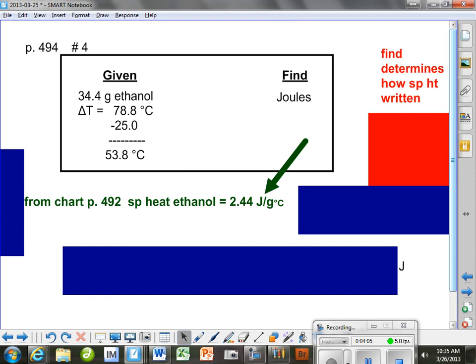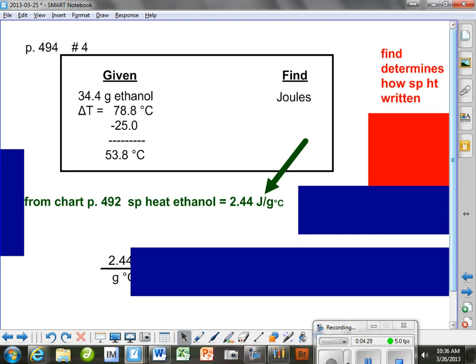So James, would you tell us, how is that fraction going to look when we write it? 2.44 what? Joules over 1 what? Grams degrees Celsius. Very good. And that's our starting fraction for this problem.